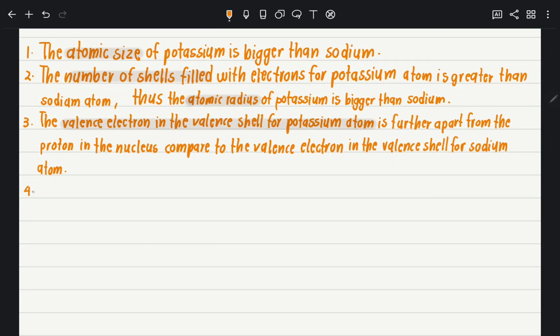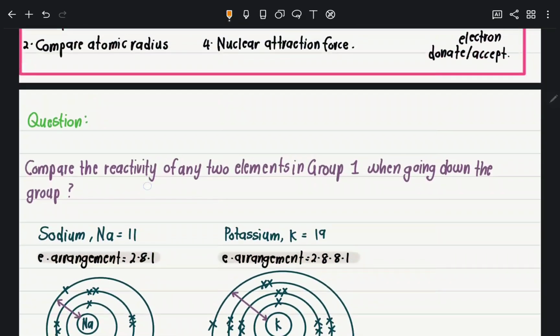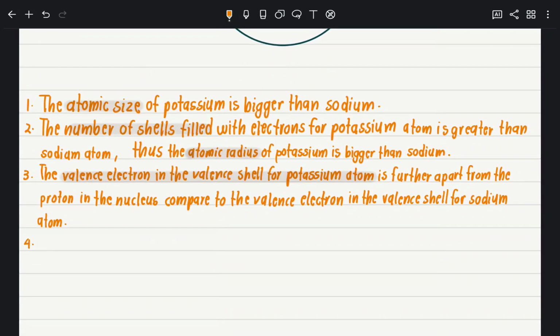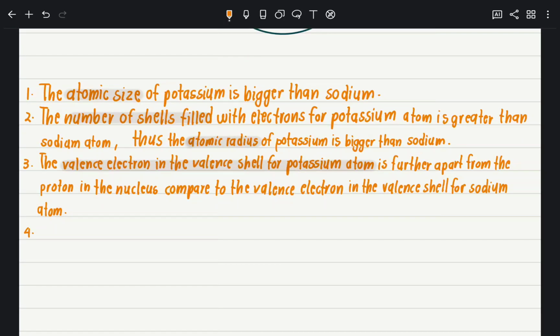Once you talk already about the valence electron and the position of nucleus to valence shell, then only you talk about the nuclear attraction force. So for the nuclear attraction force, you should know the nuclear attraction force is between the protons in the nucleus and electrons in the valence shell, right?